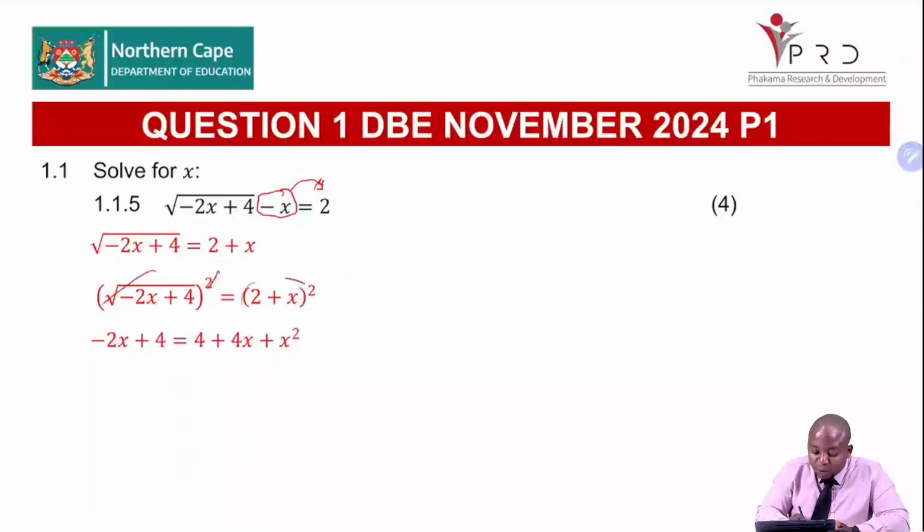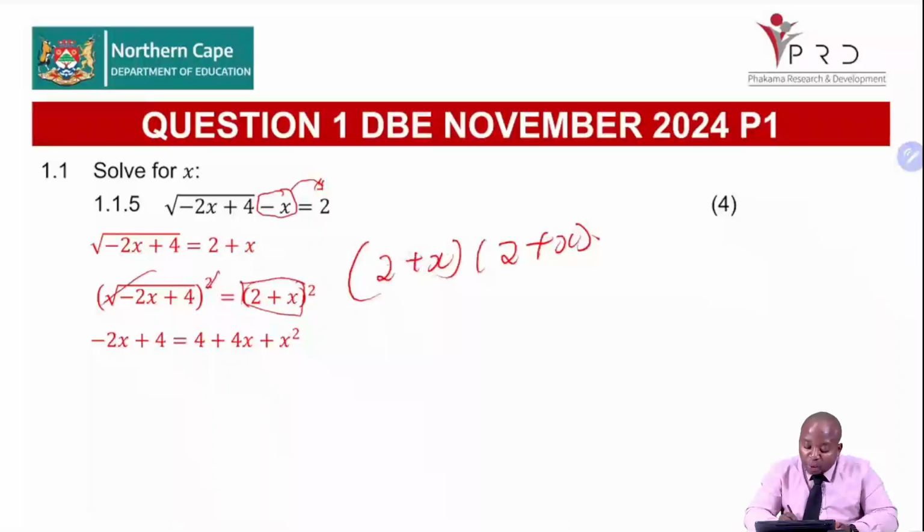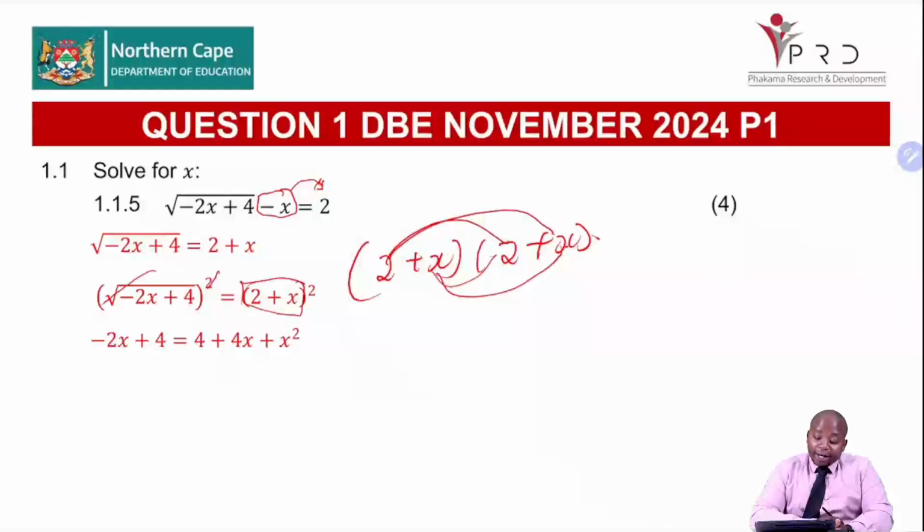It's equal to, I'm going to expand the right hand side, which is 2 plus x in brackets, and I have 2 plus x again. Then I'm going to distribute it nicely using FOIL. 2 and 2 is 4. Then 2 times x is 2x. Then 2x plus 2x is 4x. Then x and x is x squared. That is what I have on the right hand side.